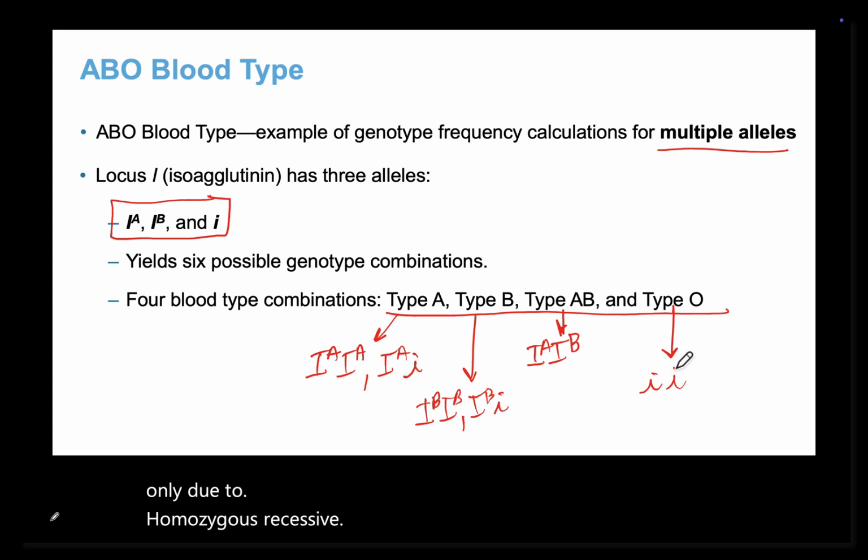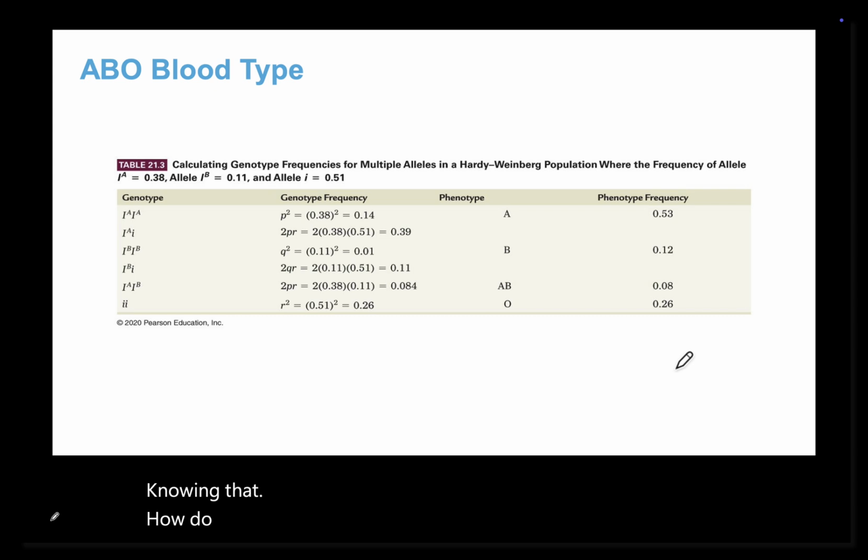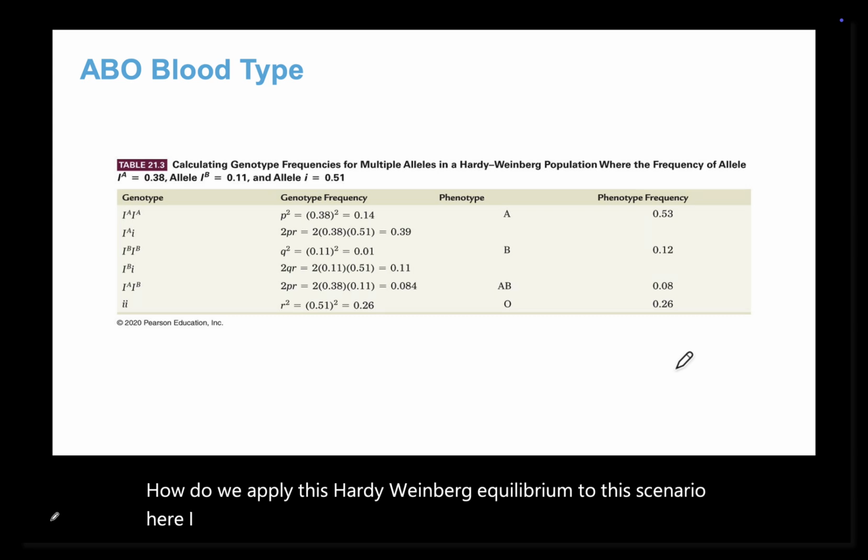Knowing that, how do we apply this Hardy-Weinberg equilibrium to this scenario? Here, I am already giving you the frequency of the alleles.